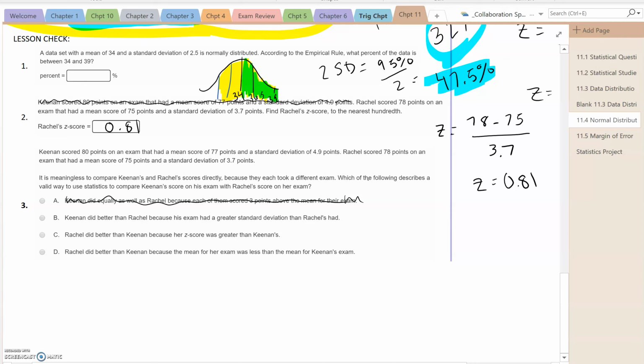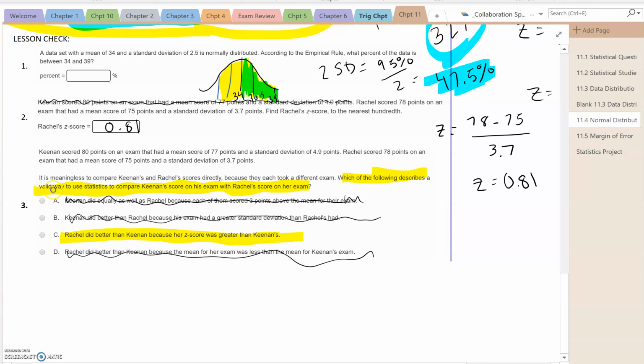Keenan did better than Rachel because his exam had a greater standard deviation than Rachel's had. That's not true. Rachel did better than Keenan because her z-score was greater than Keenan's. Or Rachel did better than Keenan because the mean for her exam was less than the mean. Nope, that doesn't matter. So we don't even need to determine Keenan's z-score because it's asking us which of the following describes a valid way to use statistics.